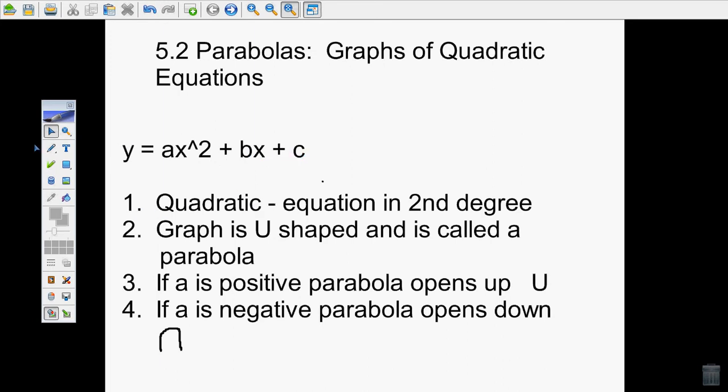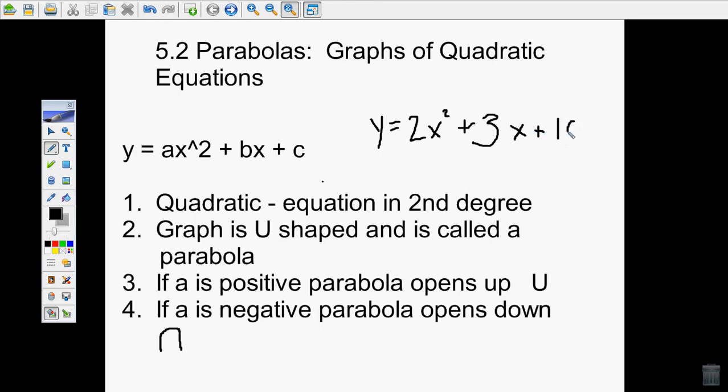And that would be an equation such as, here would be an example, y is equal to 2x squared plus 3x plus 10. Here would just be an example of what a quadratic equation looks like.